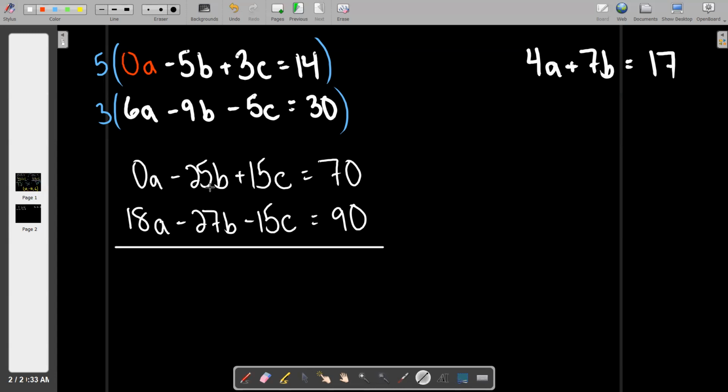When I add downwards, I'll use my little blue arrows again. If I go straight down by the blue arrows, how many A's do I get? I get 18 A's. How many B's do I get? And of course, the C's cancel, and that equals what?